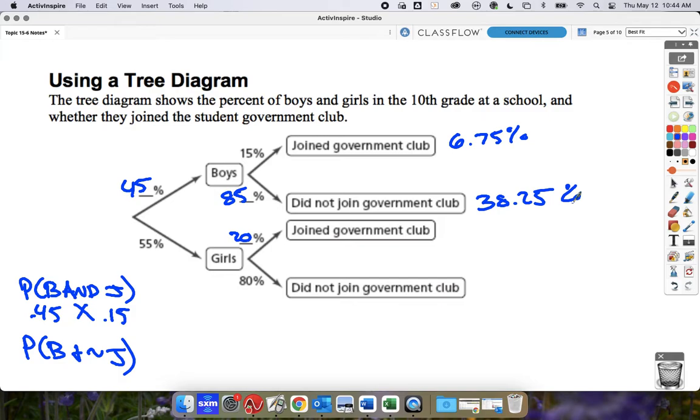Okay, now what if I did something super crazy, like what is the probability that you join the club given you're a boy? I'm looking for the probability that you join the club given that you're a boy.